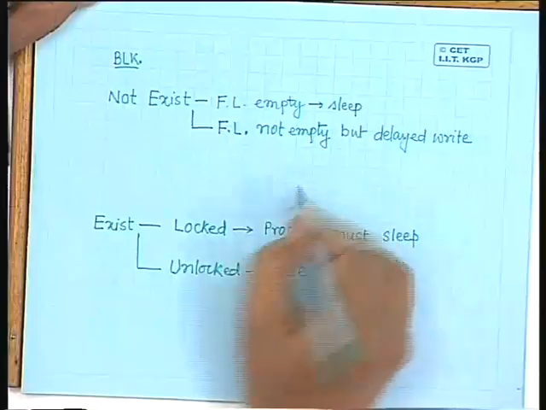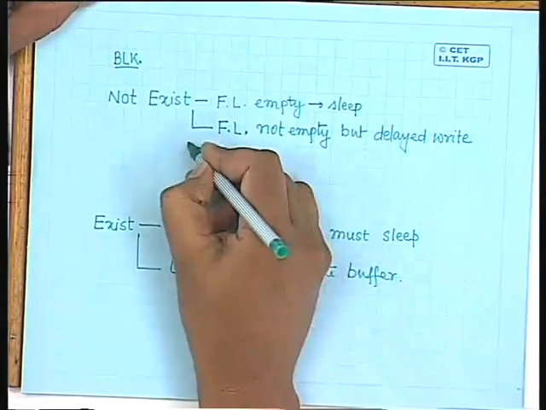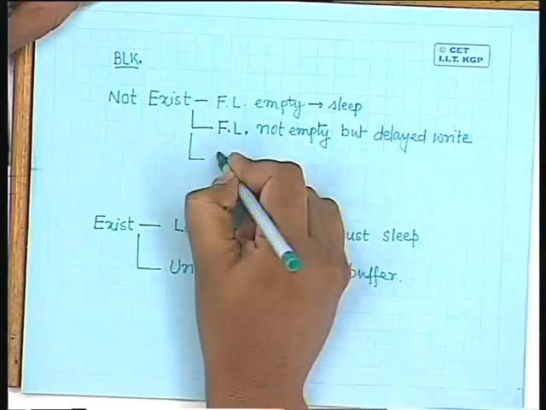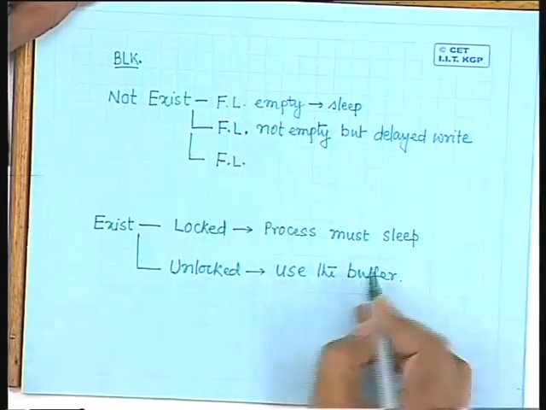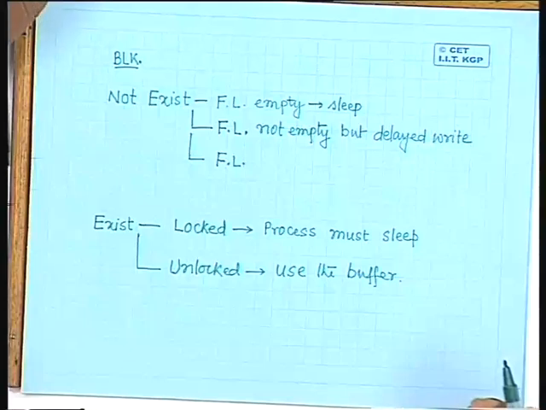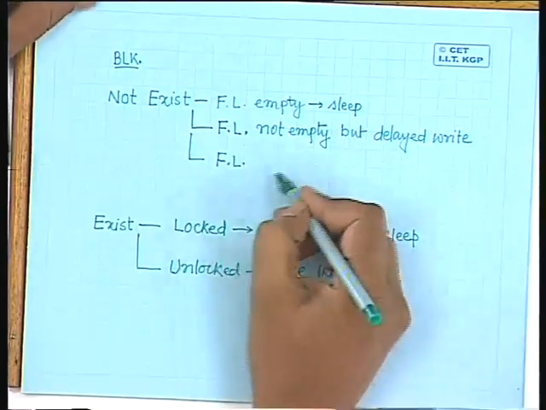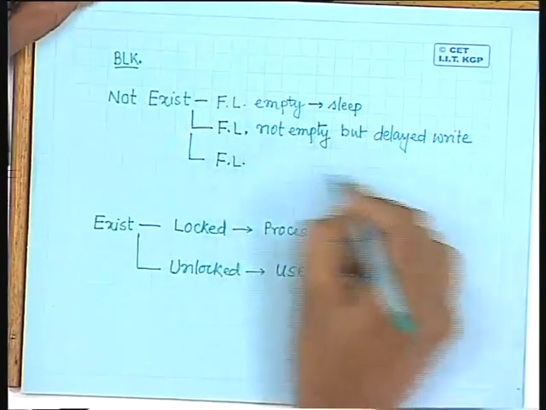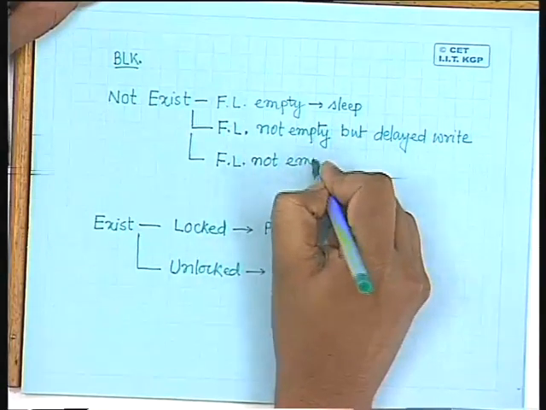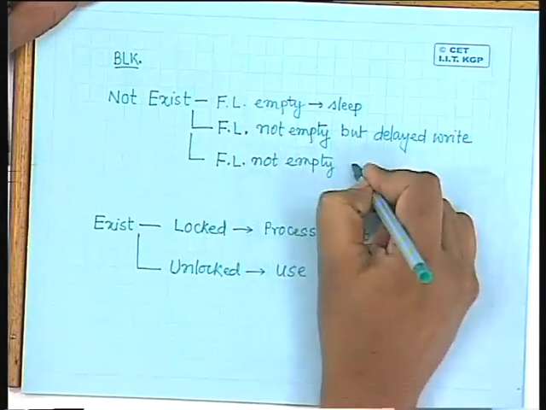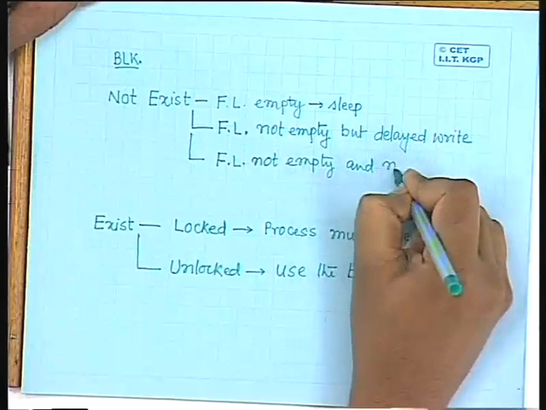Yeah, the status will be changed. Okay. The other situation is I get a free buffer in the free list, and that is not marked as delayed write. Okay. Free list not empty, and not delayed write.